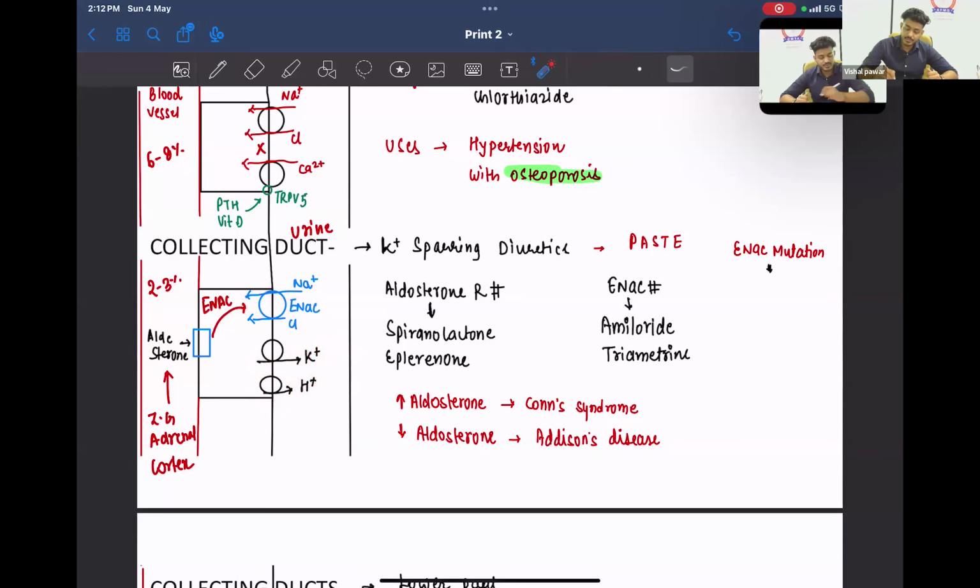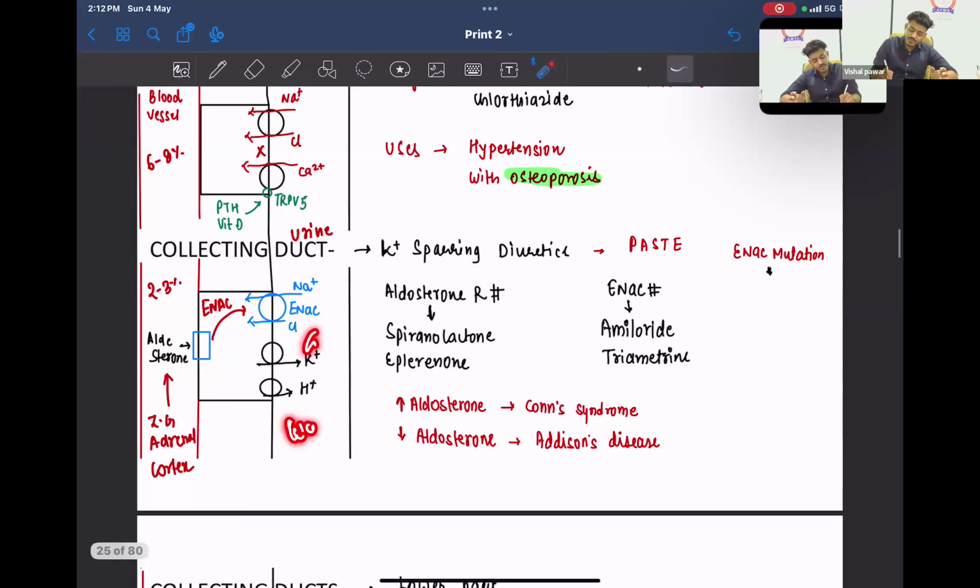So if I'm blocking this particular pump, what is going to happen? Do you think sodium will come inside the body now? Sodium will not come inside. That means water will also not come inside. If water is not coming inside, that means water will be going outside in the urine. Yes, there will be more urination, right? And what will happen if this pump is not working?